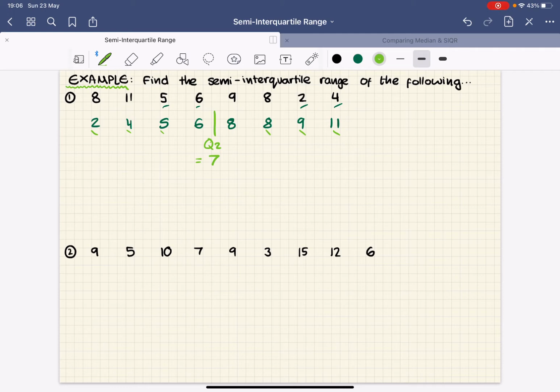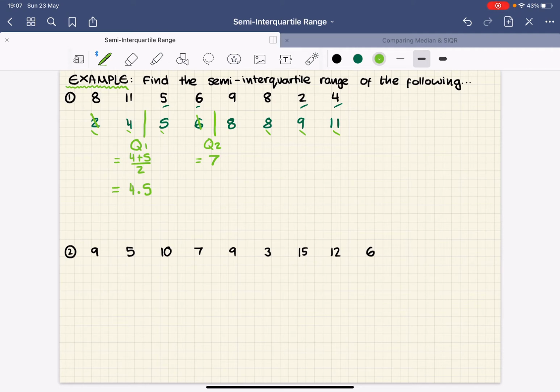Starting again, we're doing front, back, and then I can't do another front, back without crossing it all out, so that means my Q1 is going to be in between here. And if need be, you can add them up and divide by 2 to find out what's there. That's going to be 4.5, because 4 and 5 give me 9, then 9 divided by 2 is 4.5.